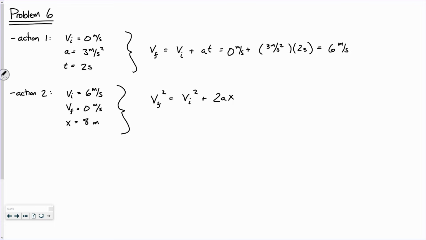Now, ultimately, what I want to solve for in this expression is what I don't know. And what don't I know in this? The acceleration. So I propose that to get that acceleration, it is Vf squared minus Vi squared over 2x.